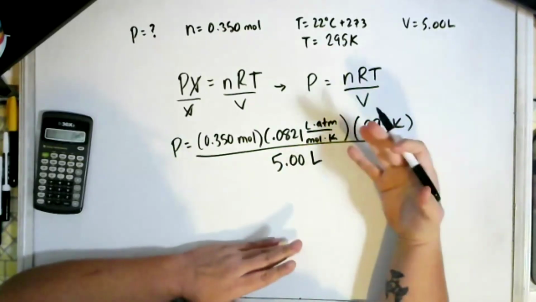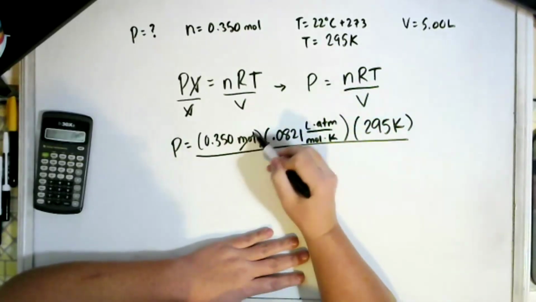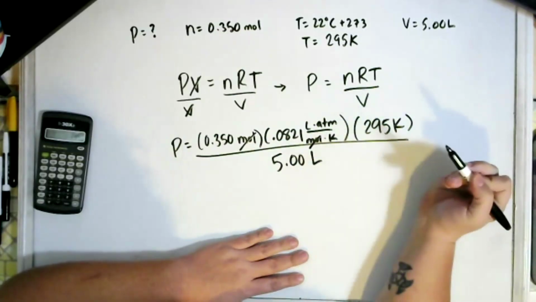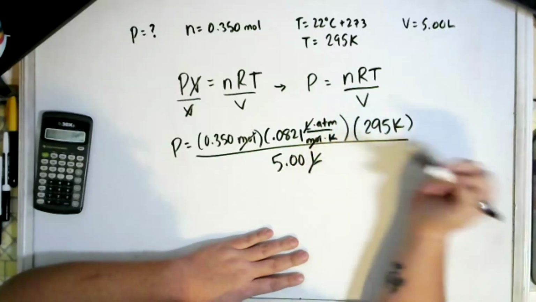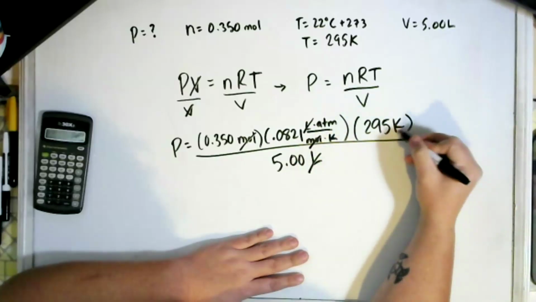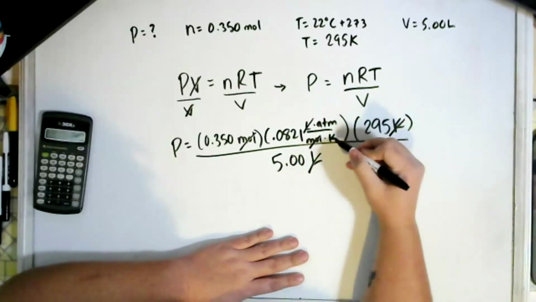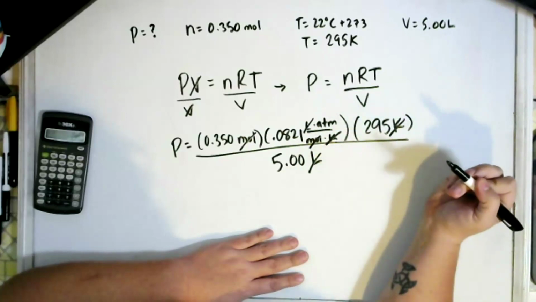Now watch what happens with these units. My moles here cancel out with my moles. My liters up here cancel out with my liters here. My Kelvin temperature here cancels out with my Kelvin here.